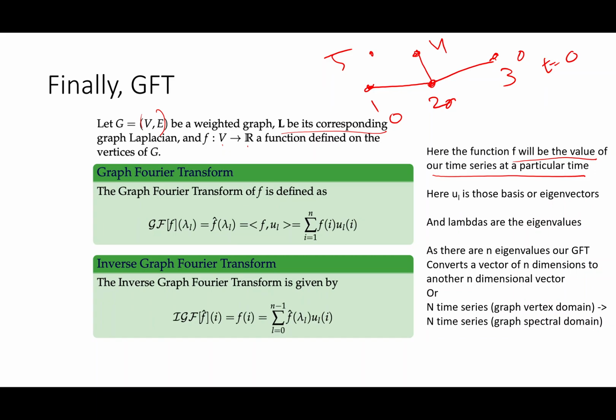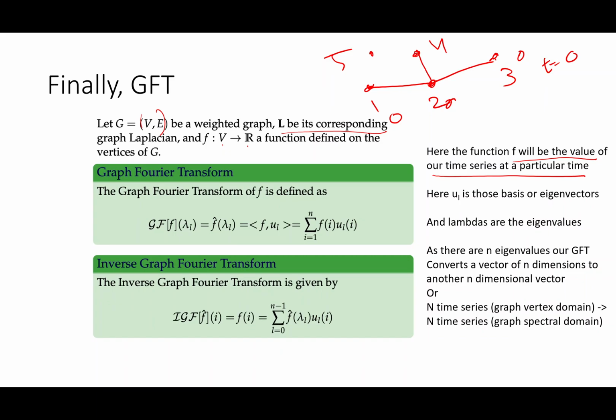So this is the inner product between f and our basis vector, one for one basis vector, and this is the value of our graph Fourier transform for that particular eigenvalue and that particular eigenvector. Again, the u's are the eigenvectors of our Laplacian and the lambdas are the eigenvalues of the Laplacian of the graph.